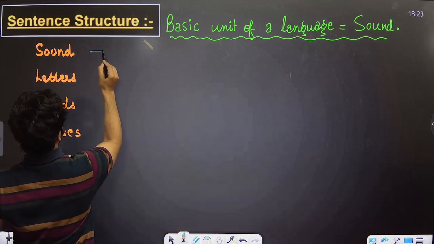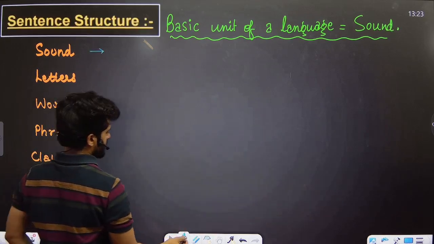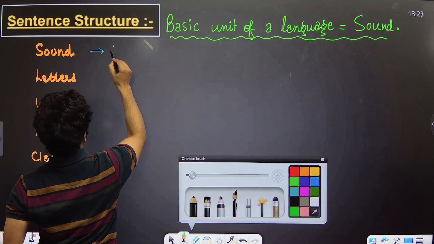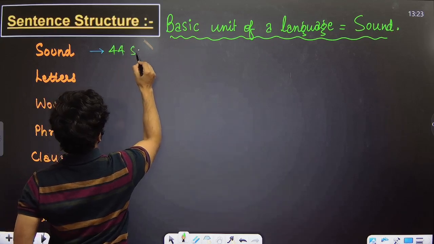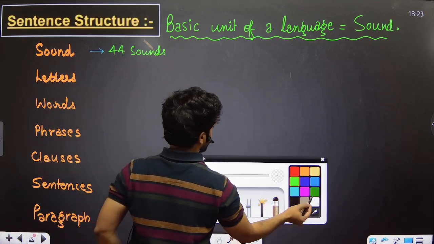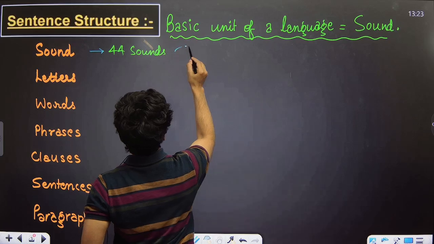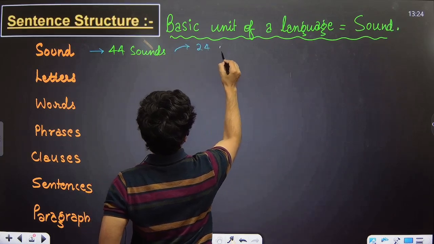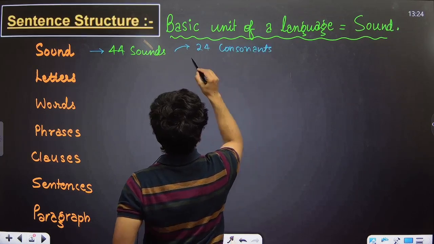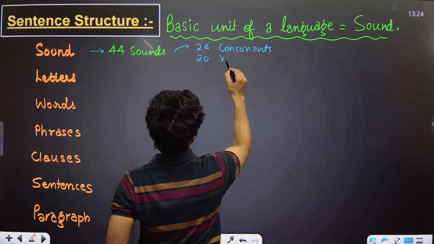So as I have told you, in the case of sound, how many sounds are there? 44 sounds. And in those 44 sounds, I told you that 24 are consonants and 20 are vowel sounds.